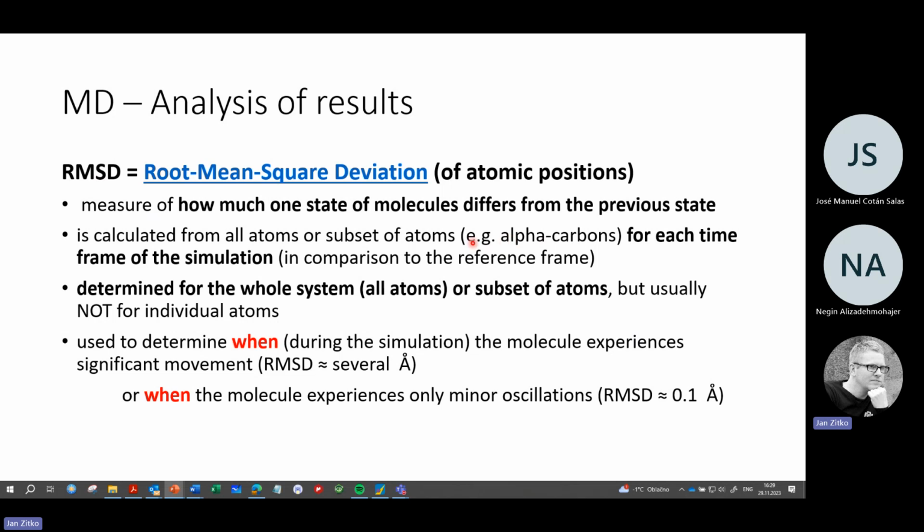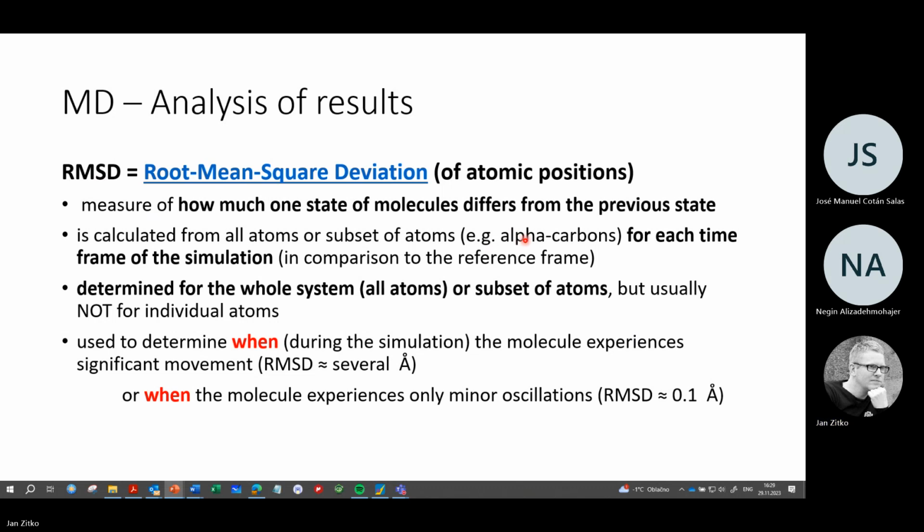Usually you focus on the protein in our example, and in the protein very often only on the backbone, not the side chains, because the side chains are always flexible. They are always moving, so they will have higher RMSD values. You can define the backbone like C, O, N, H, C alpha, or you can just focus on C alpha atoms.